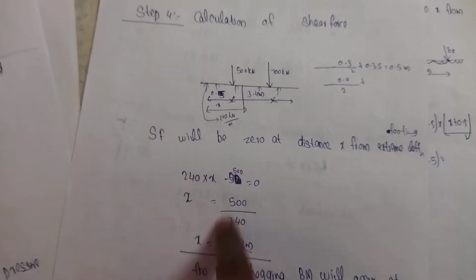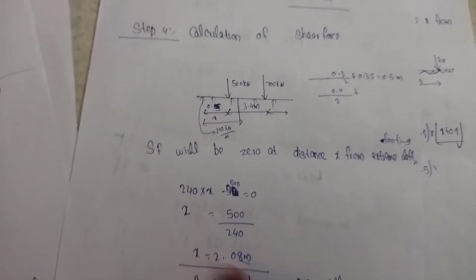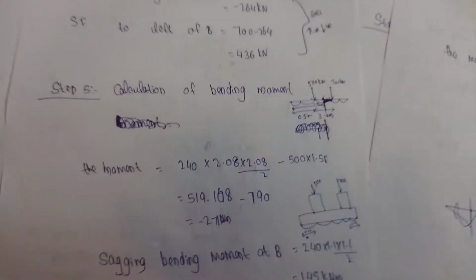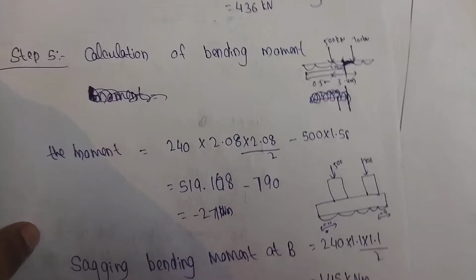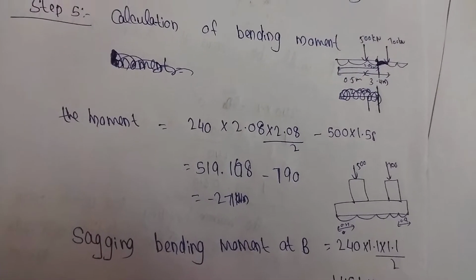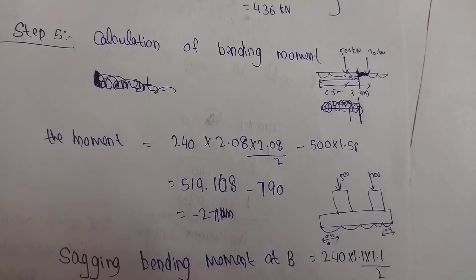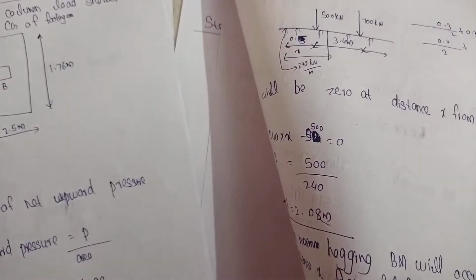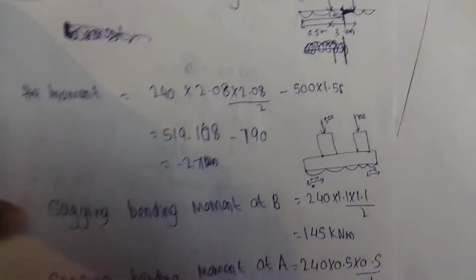Then minus 500 equal to 0 gives the distance of x. Then we want to calculate the bending moment. First you want to draw the figure. Then we calculated this x distance as 2.08 meter.